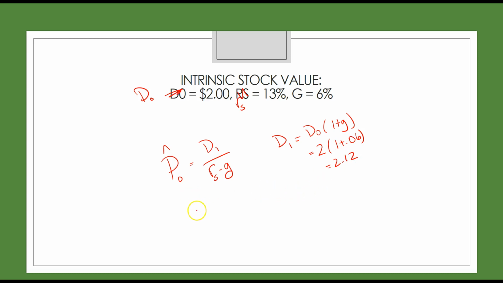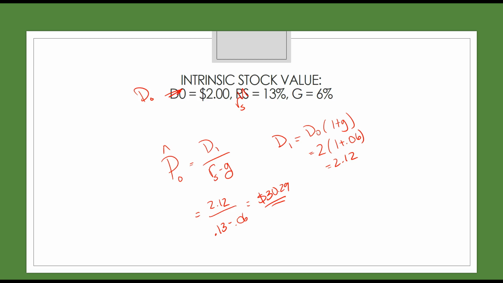Now let's plug that into our Gordon model, which says that our next dividend received is $2.12, divided by our required return of 13% minus our growth rate of 6%. So $2.12 divided by 7% is $30.29. So the value of this stock today is $30.29.